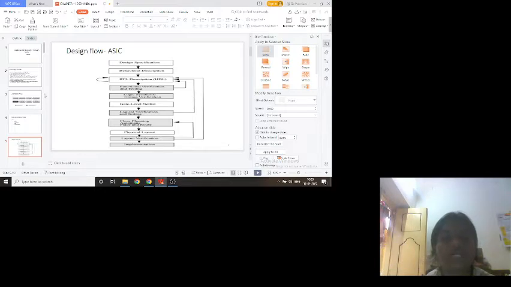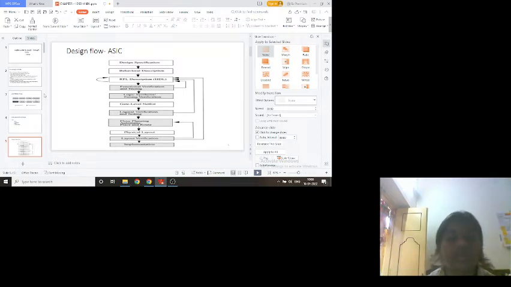It is written using a hardware description language, either VHDL or Verilog, as we just discussed. This HDL representation of RTL is given to the next step, functional verification and testing.